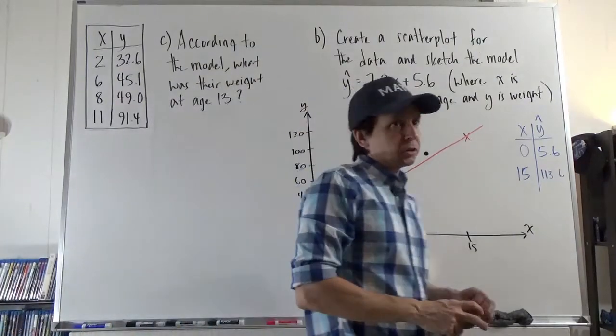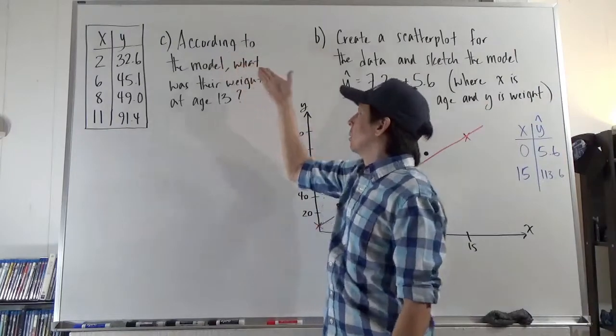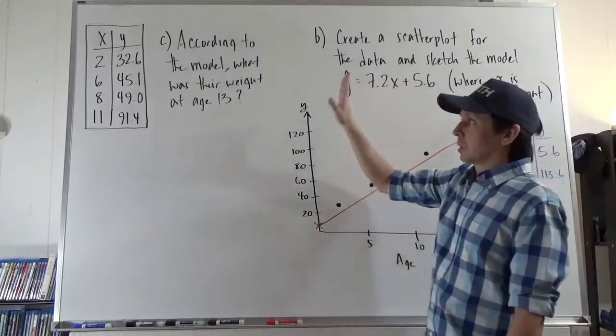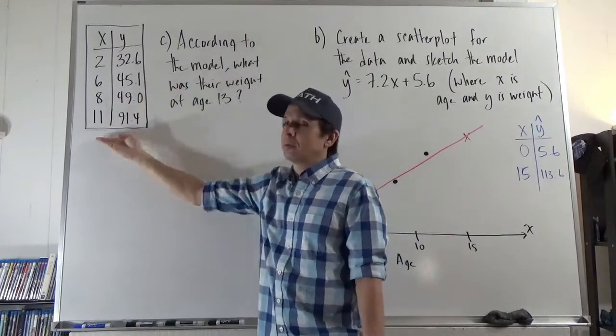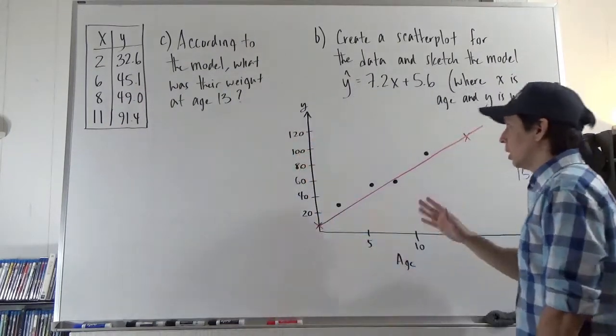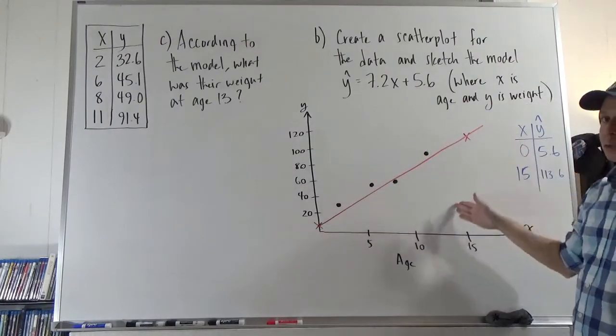So an important phrase there is according to the model. Here's your model. Again, the points are not directly related, so you're not looking at the points, and we don't even know what he weighed at 13 anyway, so you are looking at the model. According to the red line, we're not going to do it off the graph, although we could.